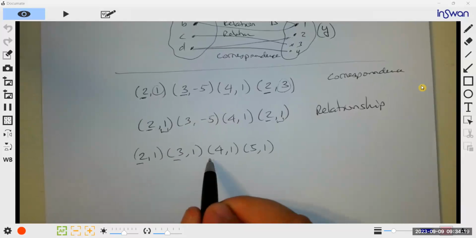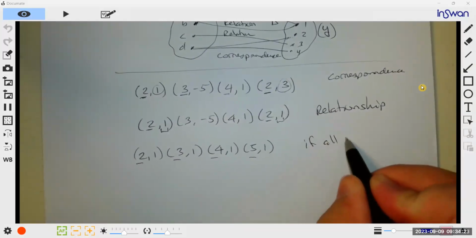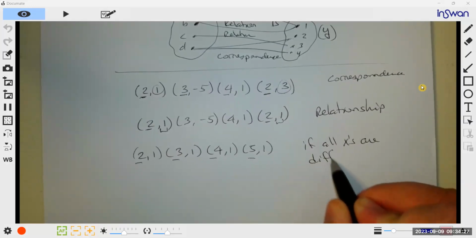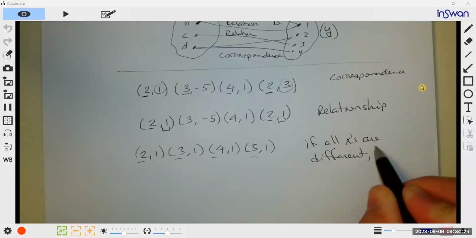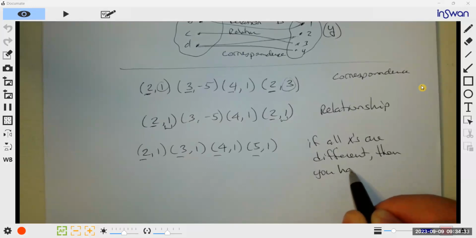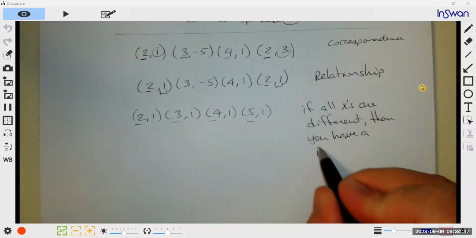If all your x's are different, then you have a relationship.